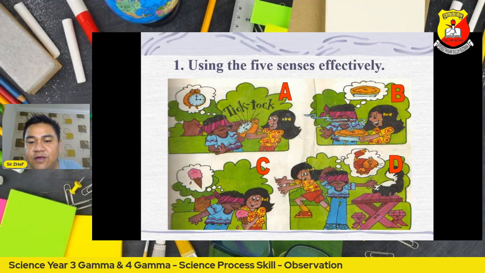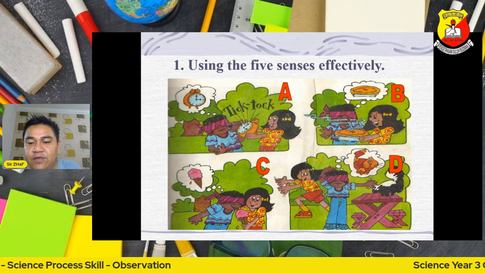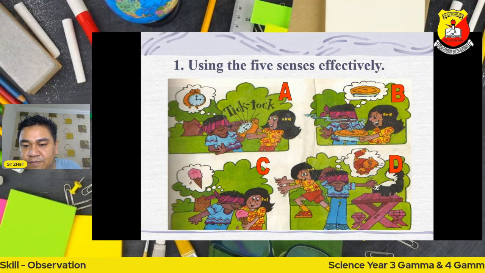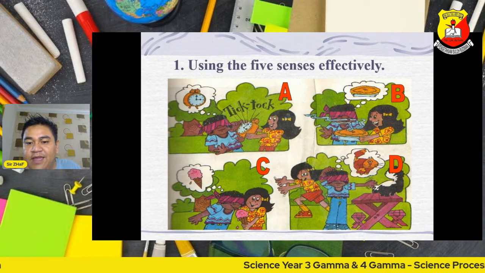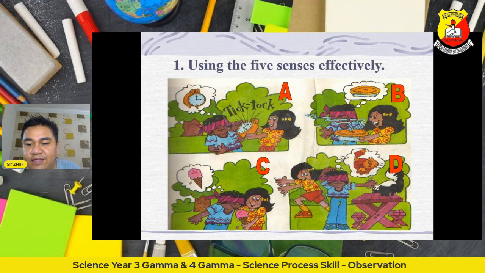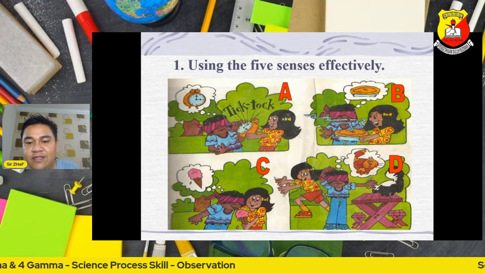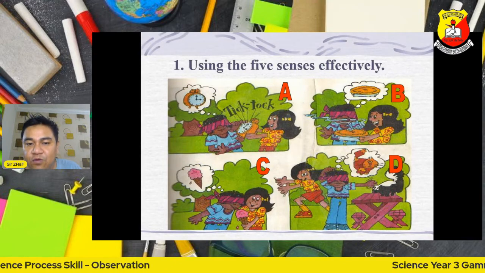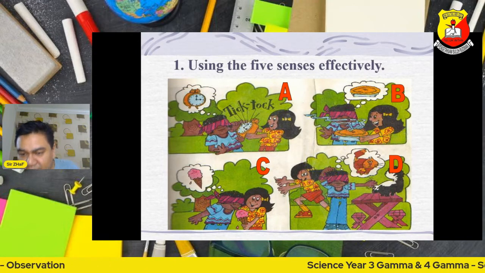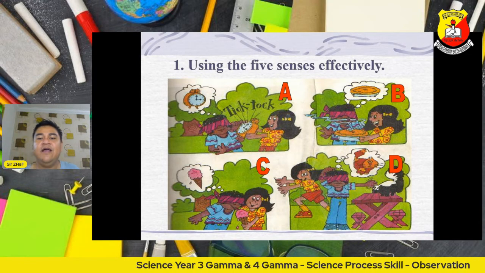By using touch, by using a finger, the boy is touching that animal. And what is happening? The boy is guessing that the animal is a cat. Is it correct, class? Yes, no. Actually, the animal is what we call a skunk.